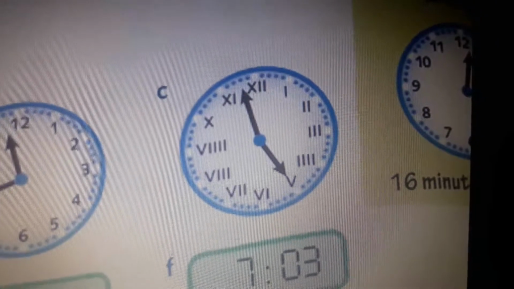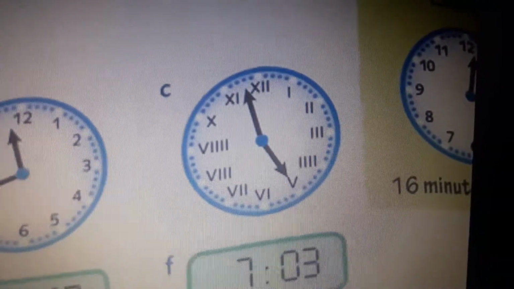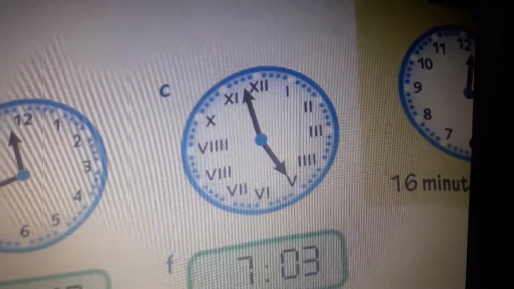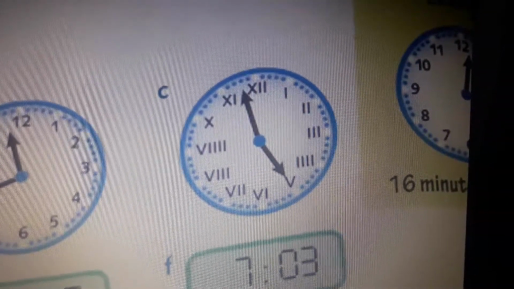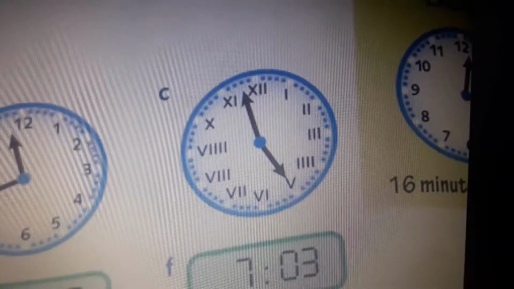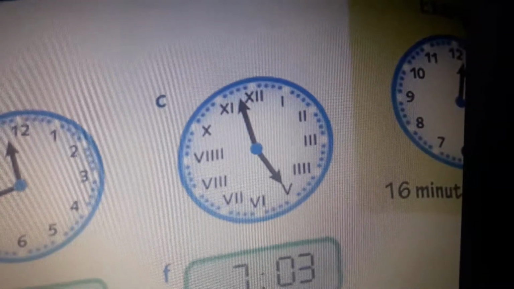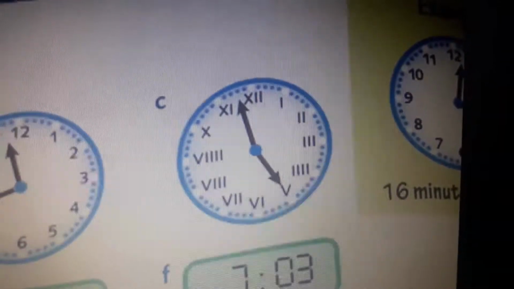When we are dealing with the analog clock, we are going to use the left hand side as to. We still have 2 minutes to be 5, so it's 2 minutes to 5.